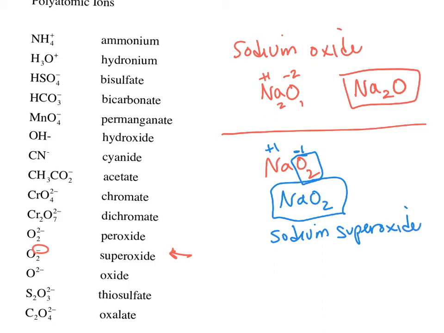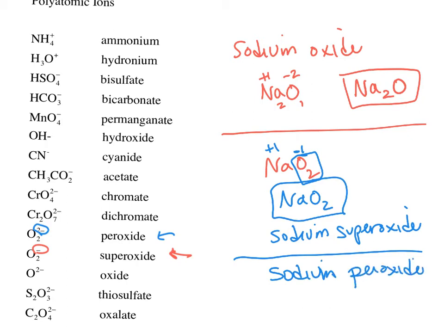Okay, and then the third one here is peroxide, and this one is an O2 again, but this time it's got a 2-. So if you wanted to do sodium peroxide, very explosive by the way, then you would write sodium, and the peroxide is O2.